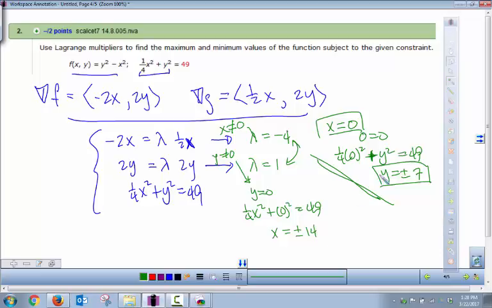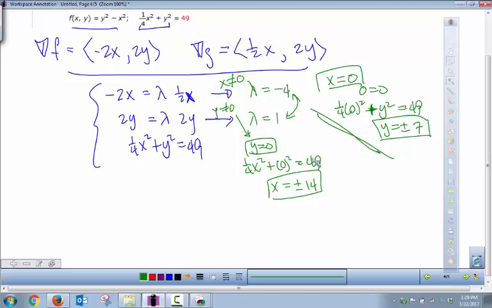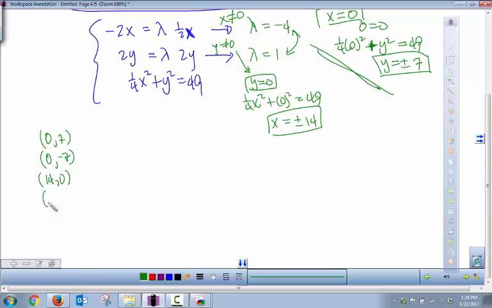Is that right? So it looks like we have 4 possible points. We have 0, 7, 0, negative 7, 14, 0, negative 14, 0.